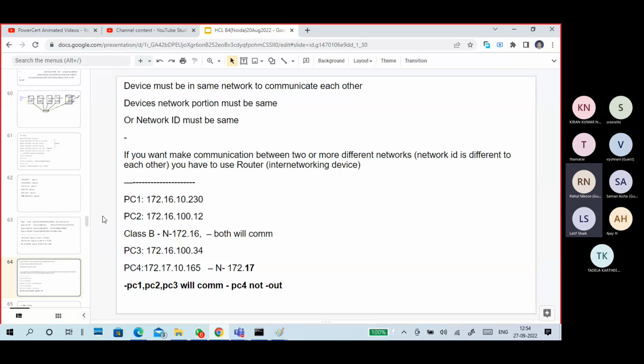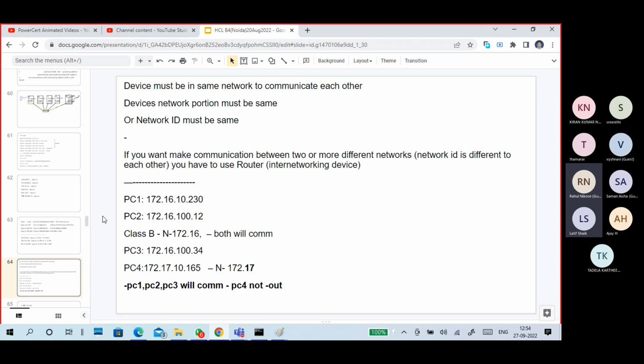First, devices should be connected physically in the same segment. And when they want to communicate with each other, they must be in the same logical network. The device network portion or network ID must be the same.